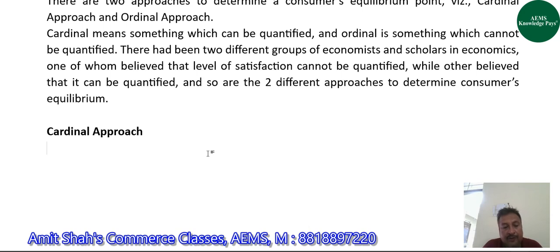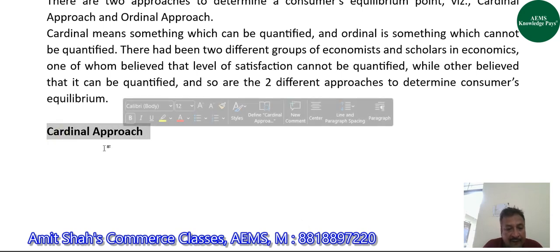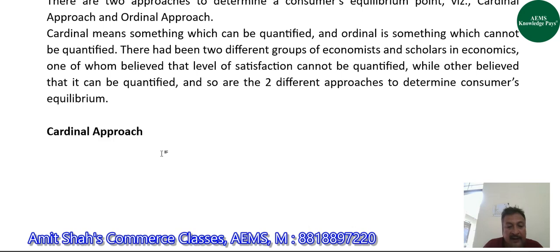The most popular theory under the cardinal approach was of Alfred Marshall, popularly known as the law of diminishing marginal utility, or the theory of diminishing marginal utility, through which he explained how a consumer attains his equilibrium.